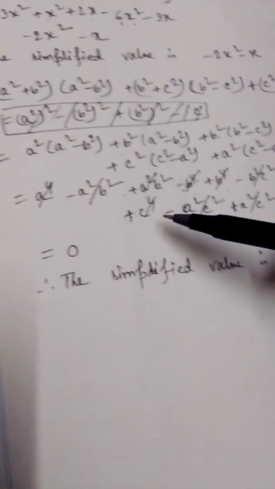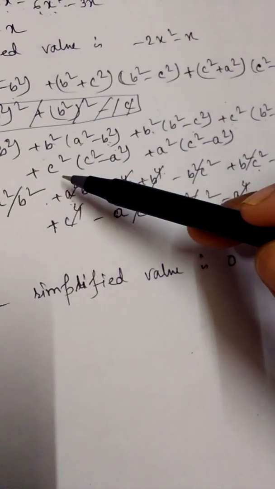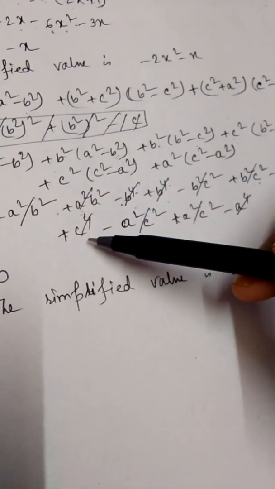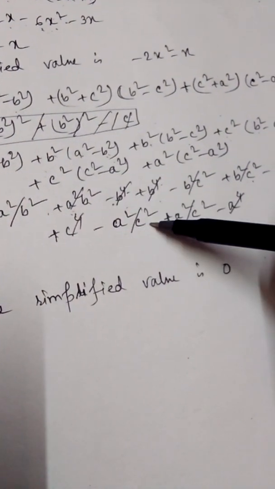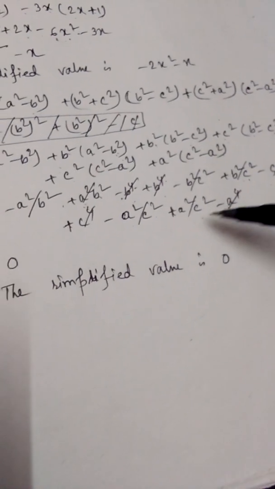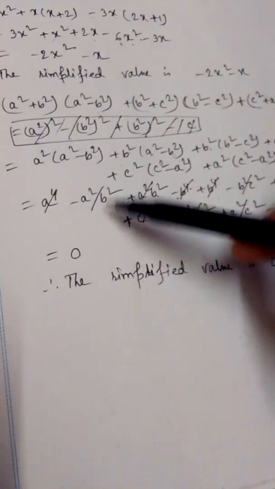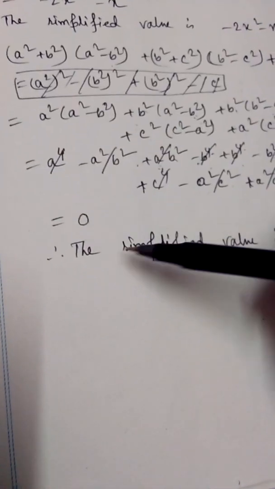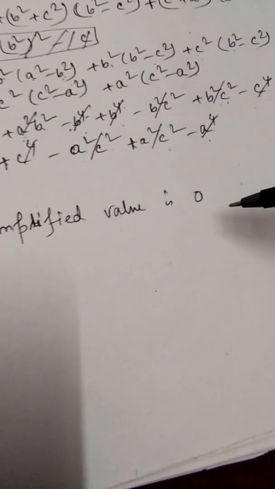Also plus c square into c square minus a square, that is c to the power 4 minus a square c square, plus a square c square minus a to the power 4. After simplification all these terms are discarded and the value is equal to 0. Therefore the simplified value is 0.